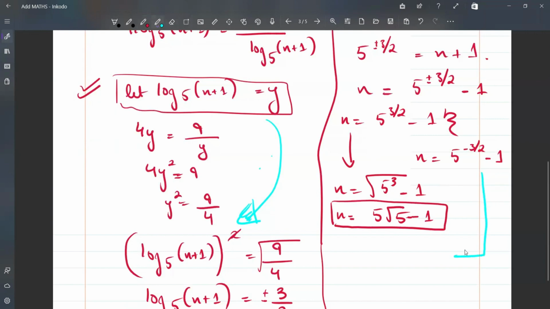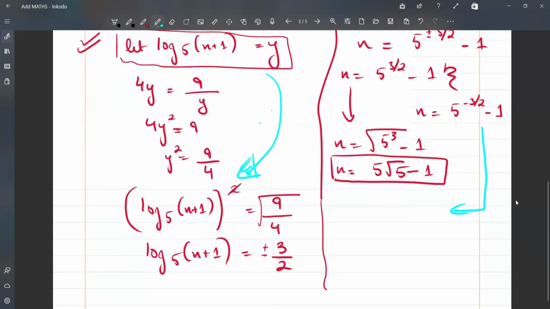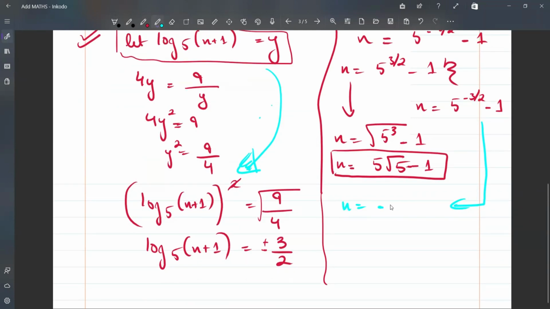And this can be written as minus 1 plus the square root of 1 upon 5 cubed, which gives us x is equal to minus 1 plus 1 upon 25 under root 5.